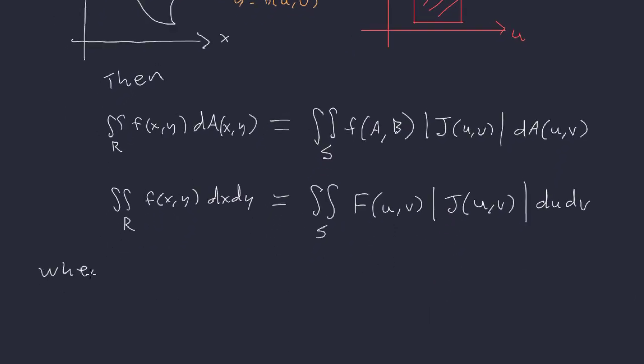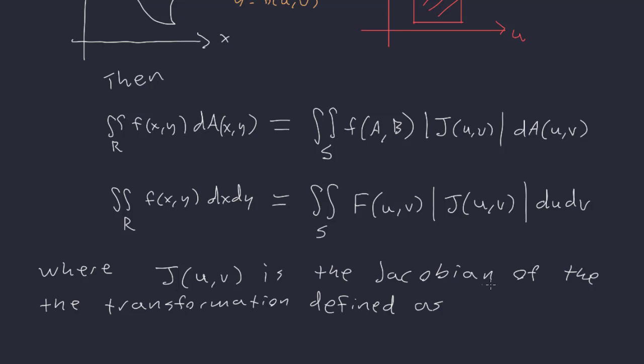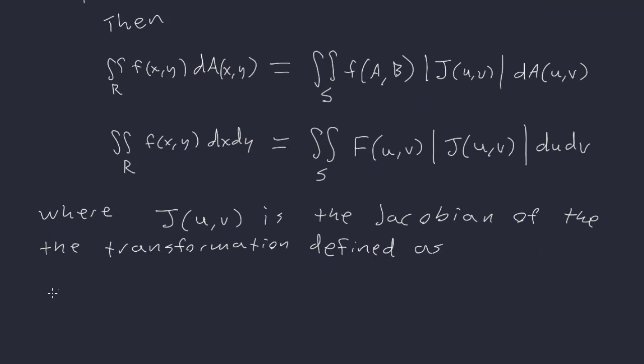Where J of u comma v is the Jacobian of the transformation, sometimes given as partial of x, y over partial of u, v, because it's essentially telling you how to get this.